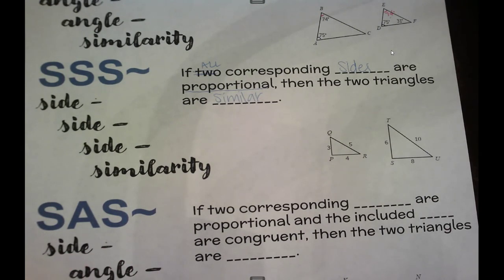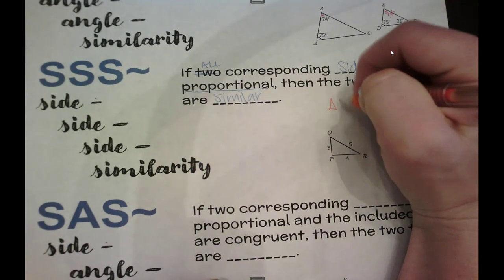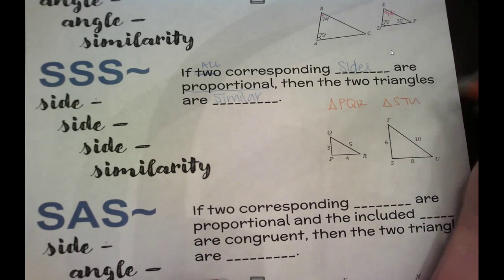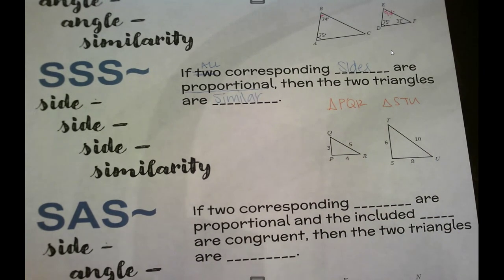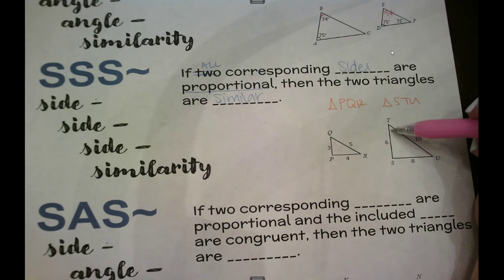So we've got triangle PQR, triangle STU. We need to look at it side by side, corresponding side to corresponding side, and find the scale factor and see if each scale factor is the same. Remember, how do we find that?